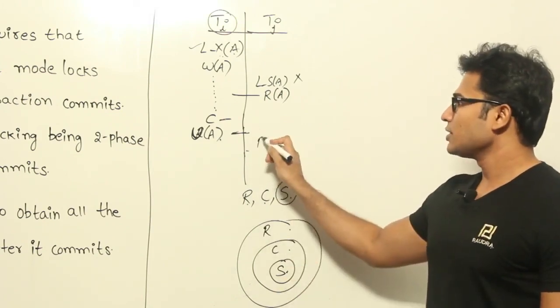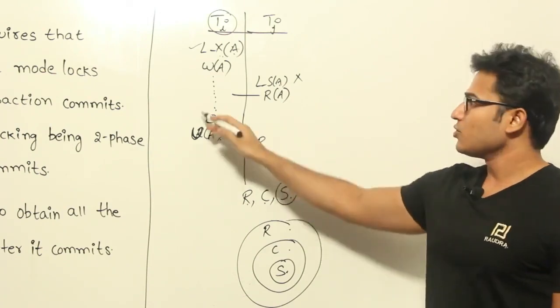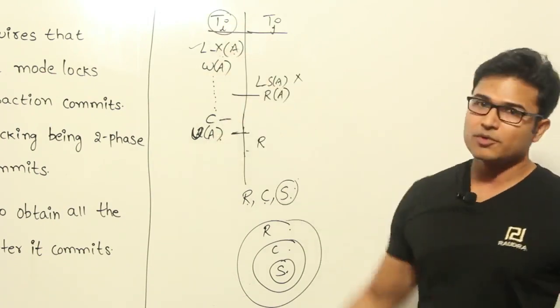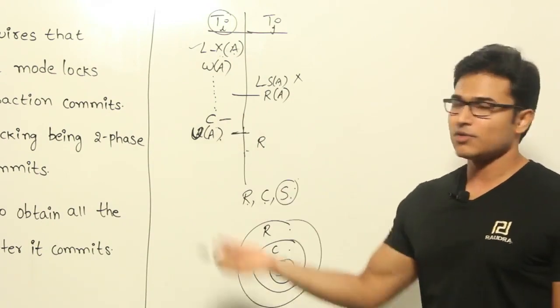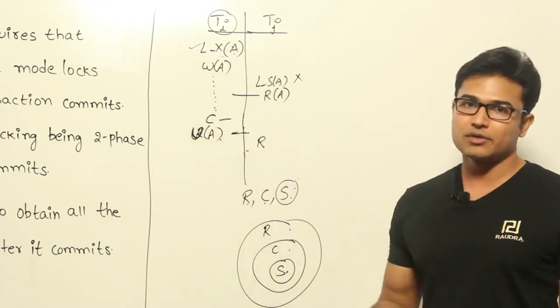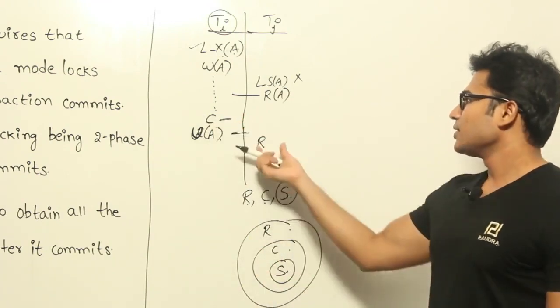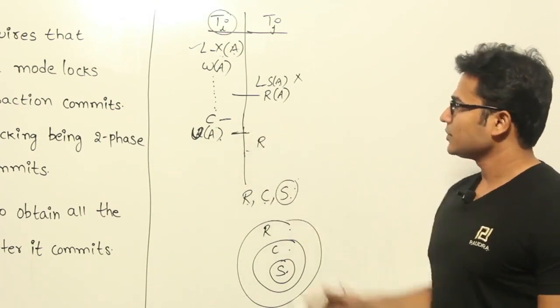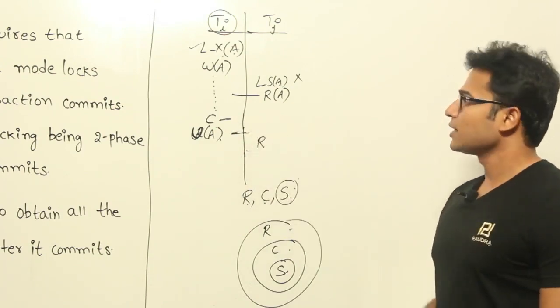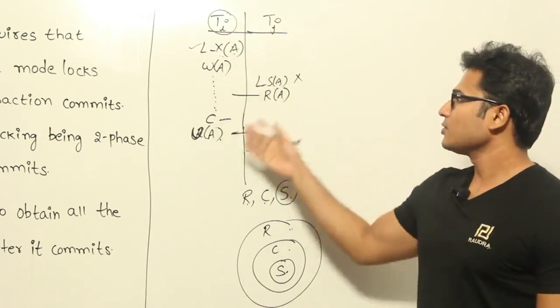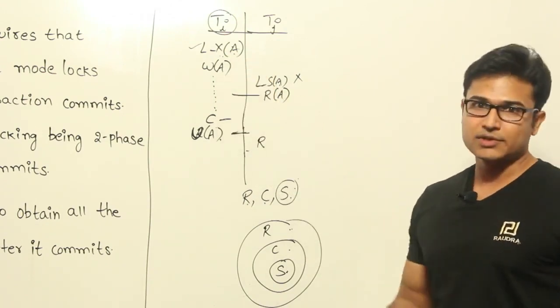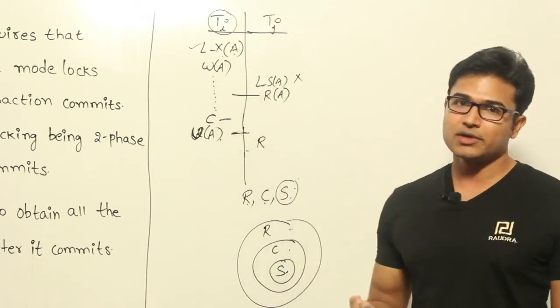Since you read the data only after the commit, there is no need to roll back other transactions; if it is going to roll back, you will know it earlier. So there is no need for cascading. It is also recoverable, because if it rolls back, you need not do anything, since you have not even started reading from it.